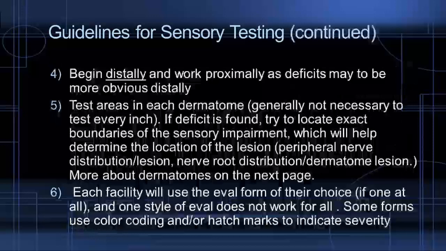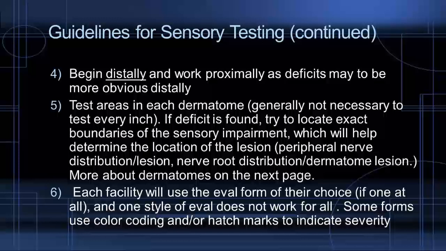When we're testing sensation, we want to begin distally and work proximally, because sometimes, although not necessarily, deficits might be more obvious distally. So we're going to test areas in each dermatome to find deficits. We'll talk a little bit later about the most distal place for each dermatome that we are going to test in the lab.